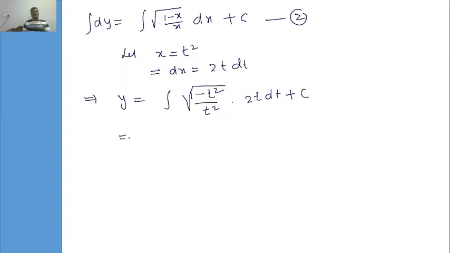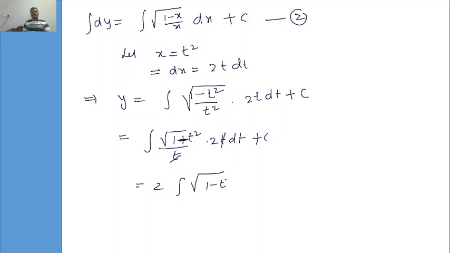So it is equal to integral of square root of 1 minus t square by t, into 2t dt plus c. So t will be cancelled, equal to 2 into integral of square root of 1 minus t square dt plus c.